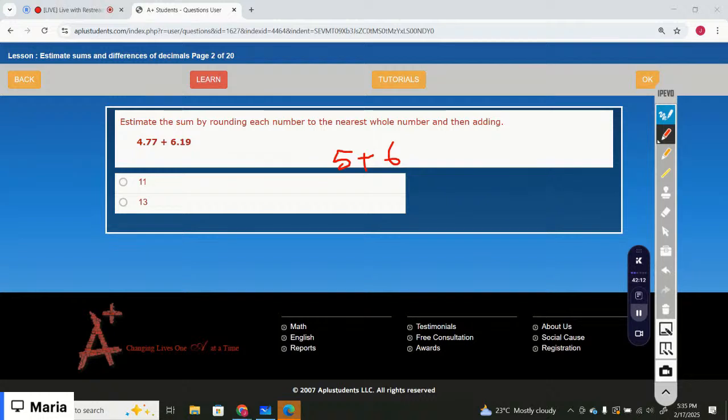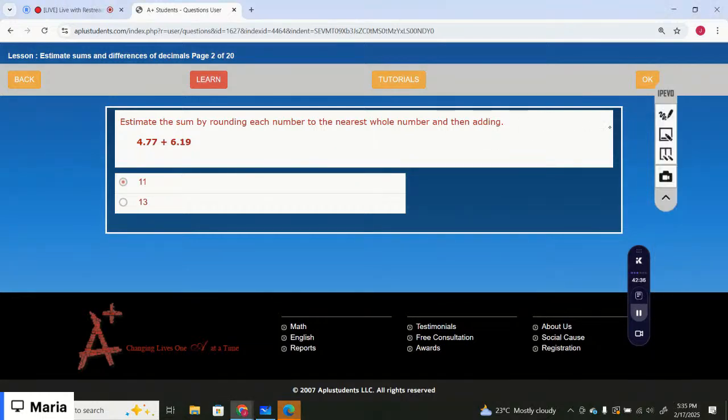So 6 plus 5 makes 11. That is option number 1. Option number 1 is the correct option.